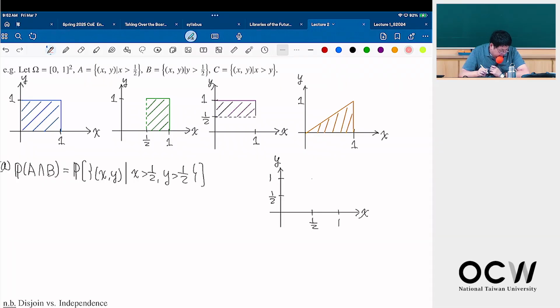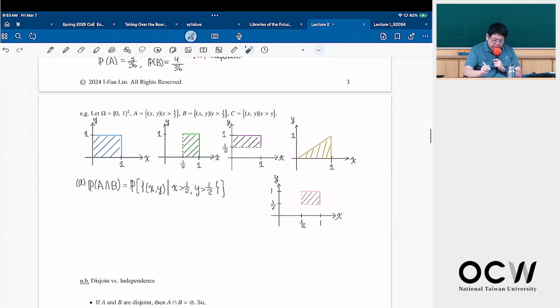So okay, this area. So this area compared to like 1, 1, the area is just 1/4. So that's 1/4.